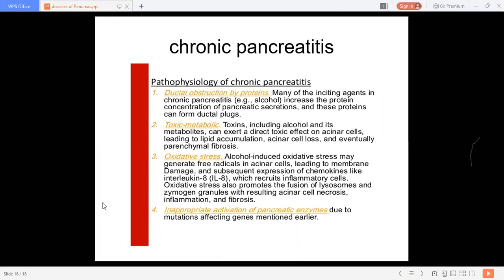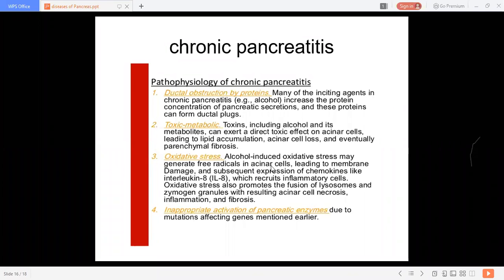So this is the pathophysiology of chronic pancreatitis: ductal obstruction by proteins, toxic metabolites, and oxidative stress due to free radicals.